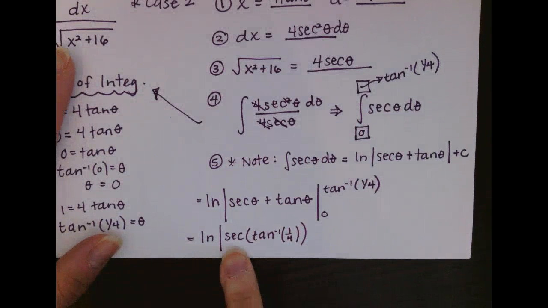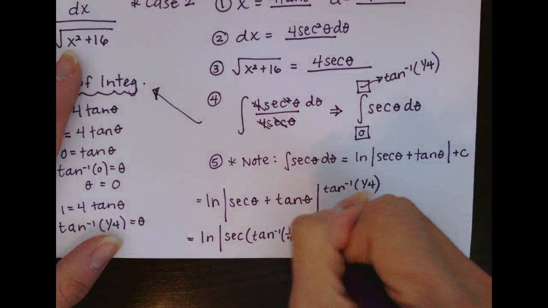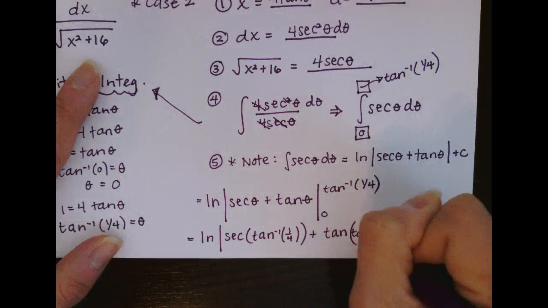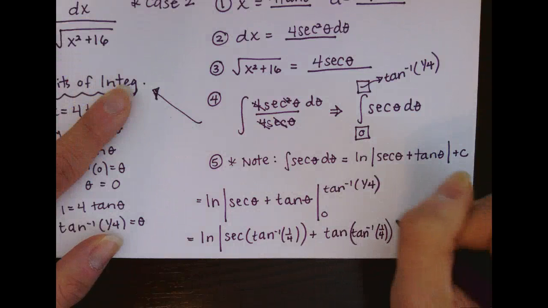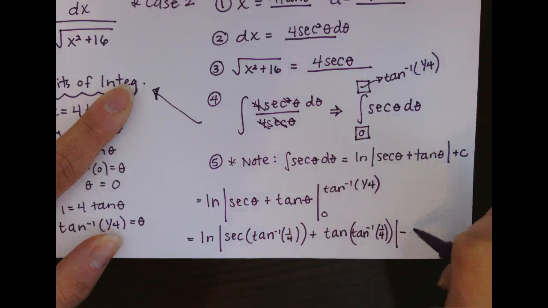So notice here I've got the secant of theta, where theta is this inverse tangent expression. And then I've got the tangent of theta, where again theta is that inverse tan expression. Okay, so that is the first expression.